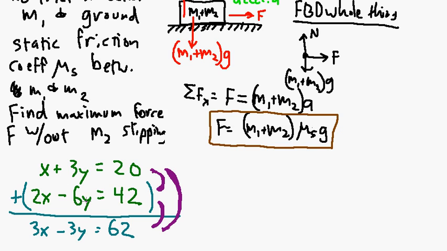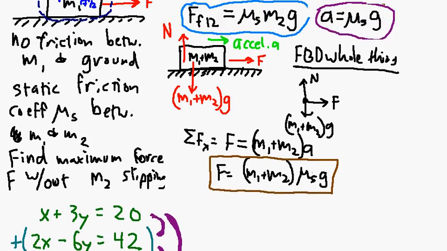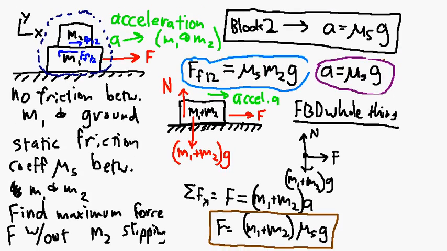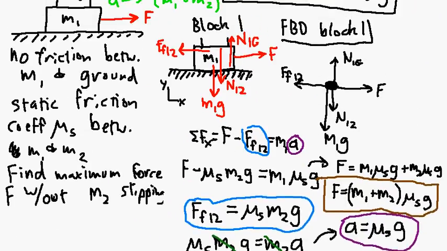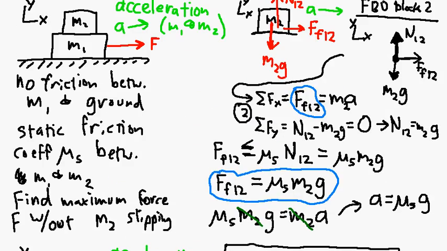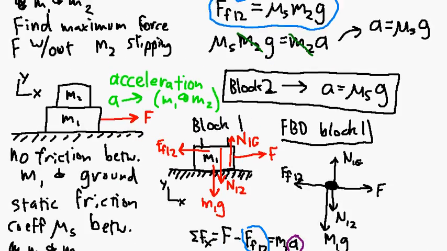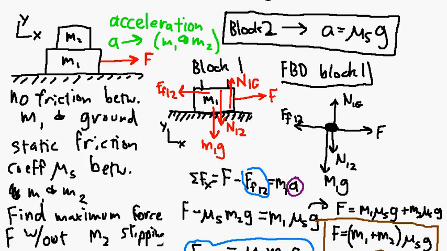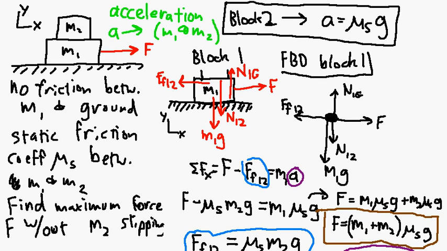And so it's kind of the same thing here where we're doing these systems of multiple bodies. Up top, we solved for block 2, so we squeezed all the information we could get out of block 2, and then we came down here and did it for block 1, and doing the analysis for block 1 and then for block 2 gave us all the information we needed to find the force.